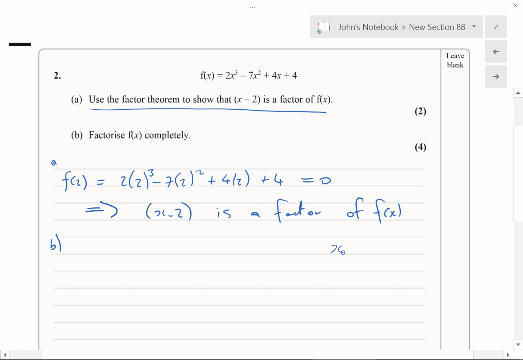I suppose what many people would do here is the bus stop method for long division, but there are also other ways of doing it, grids and all kinds of things. I'm actually going to just go straight to it, but some of you may find this useful, or some of you may want to use long division.